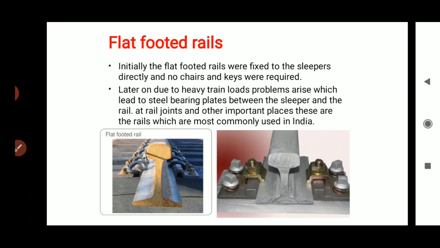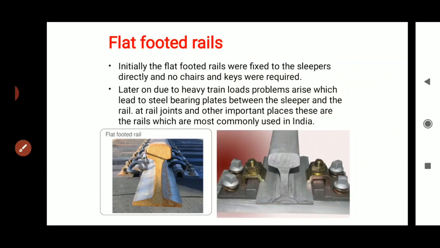In the case of a flat footed rail, you can see here the width of the foot. This is the foot, this is the head. The width of the foot is large as compared to the double headed rail and bull headed rail.